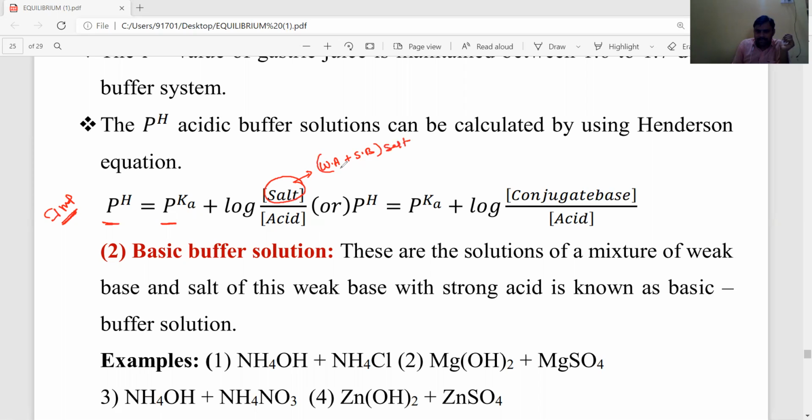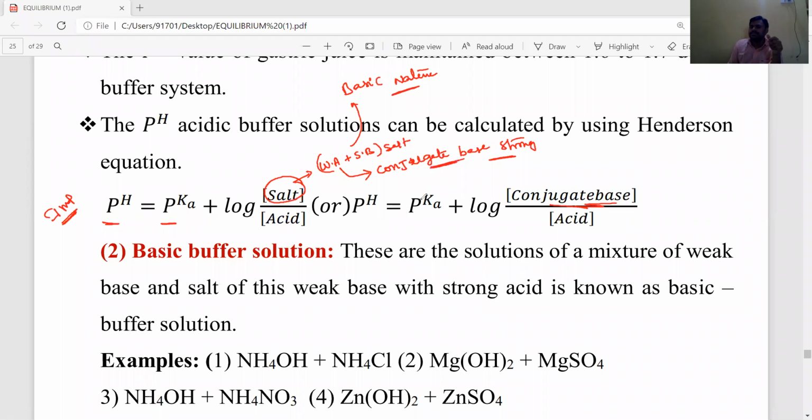Weak acid and strong base salt means the weak acid produces a corresponding conjugate base that is strong. That's why in place of salt concentration, sometimes we can also use conjugate base concentration. The resultant salt has a basic nature, and the basic nature is due to the presence of a strong conjugate base.